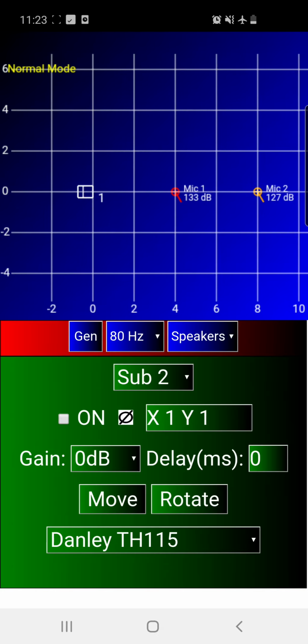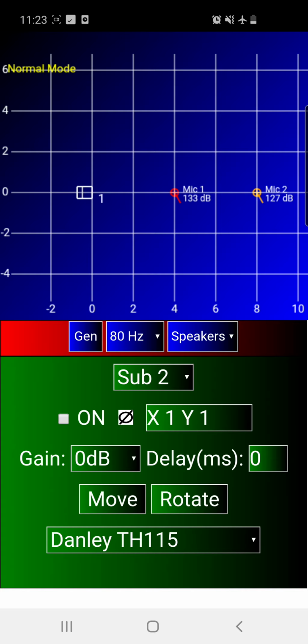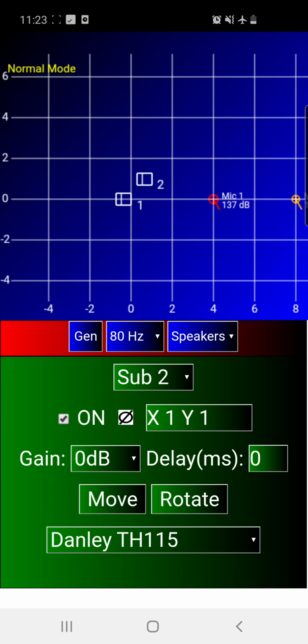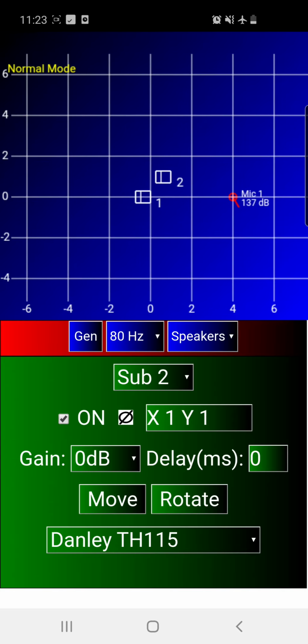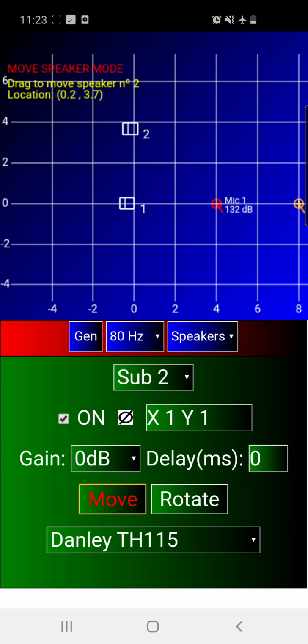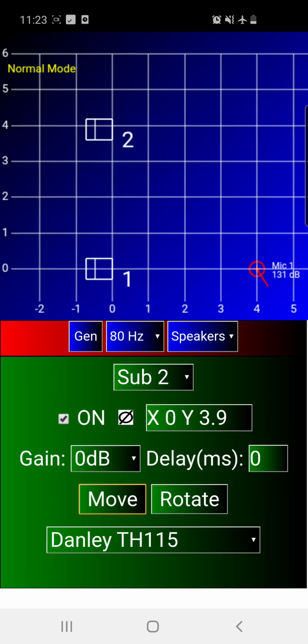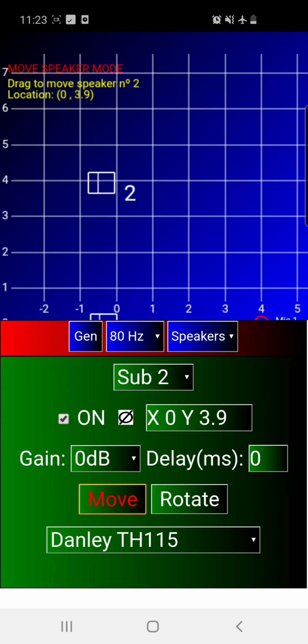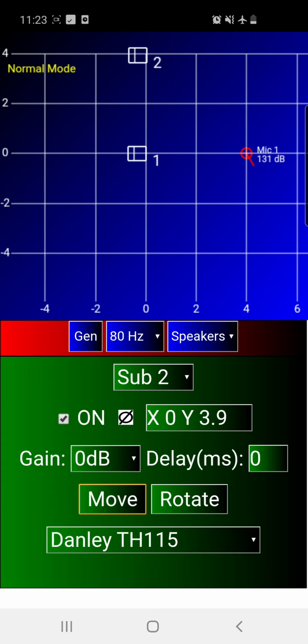So, I'm going to start by preparing our two subs, right? I'm going to imagine an 8 meter stage. So I'm going to move this up here 4 meters from the origin 0 point, and the other one the same but negative.